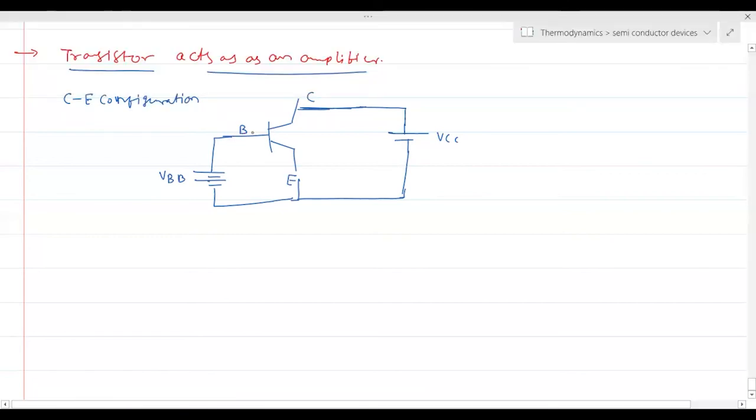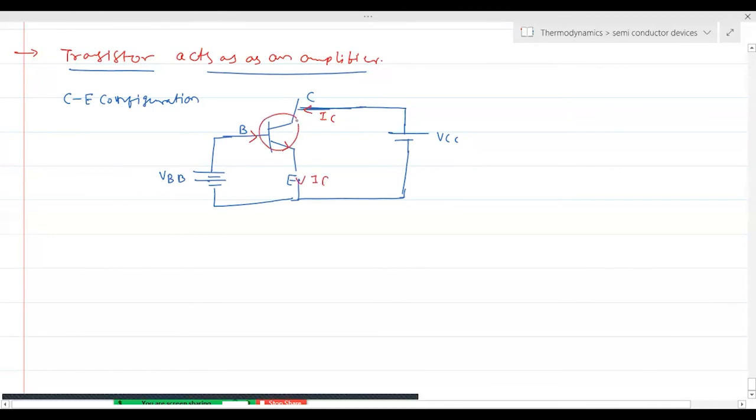Here we have the base current, the emitter current, and the collector current. Anyway, we are taking this as an NPN transistor.